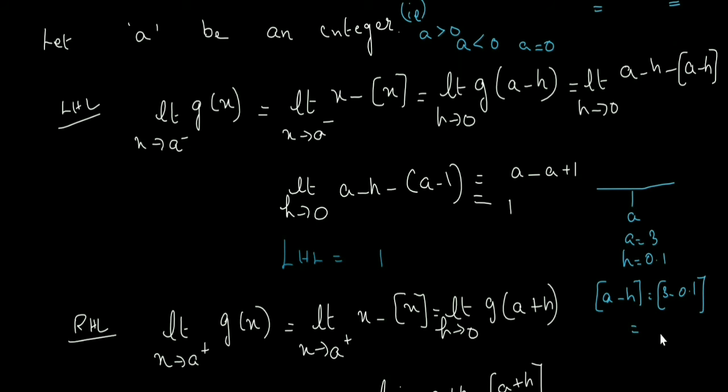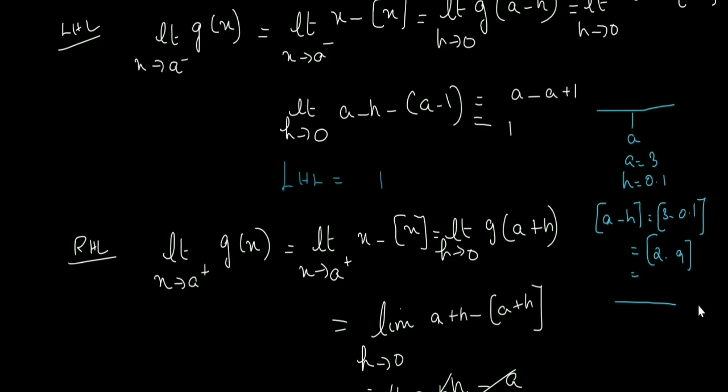That is 2.9. What is the greatest integer of 2.9? I told you, 2.9 lies between 2 and 3. You should write the integer which is left of 2.9. So the greatest integer of 2.9 is 2.